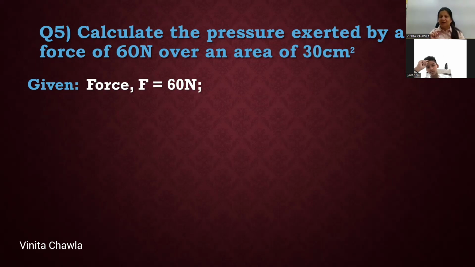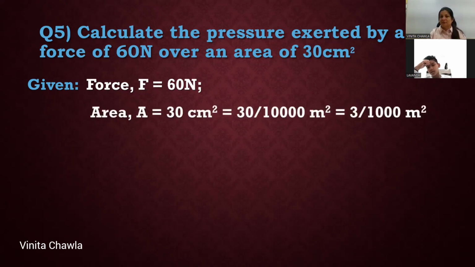See, in 1 meter square, we have 10,000 centimeter square, right? So 1 centimeter square is 1 upon 10,000 meter square. So we need to divide this 30 by 10,000.